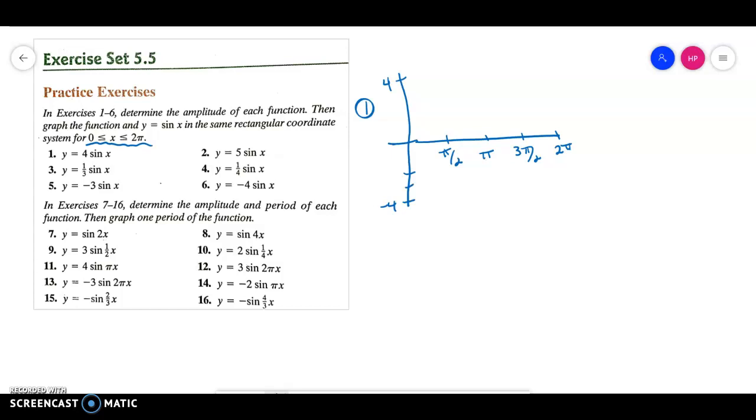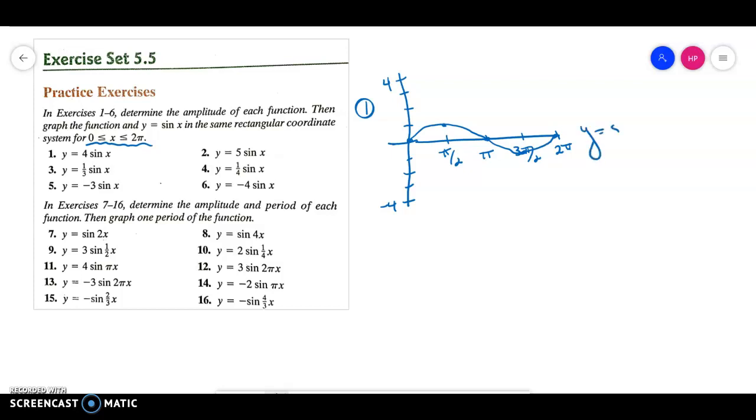So if I scale by 1s on my vertical axis here, then my original sine function would start at 0, peak at 1 at pi over 2, come back to 0, swoop down to -1, and then go back to 0 again. That is just the parent function for sine.